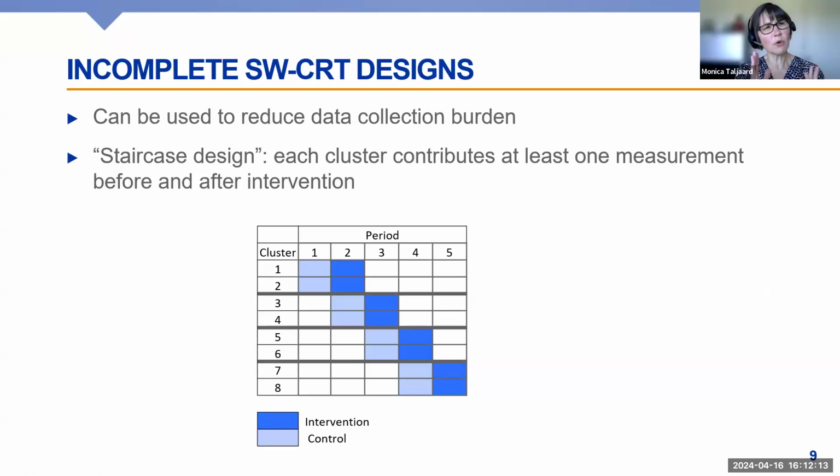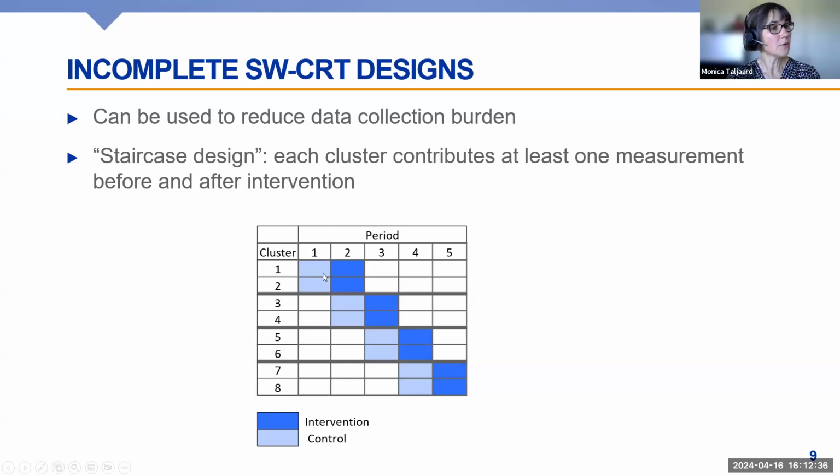Now, I'll just mention one more variation. It isn't actually essential to collect data in every single period, although for the vast majority of trials, that is the case. If the data collection burden is heavy, some investigators like having an incomplete design where some of those periods are omitted.